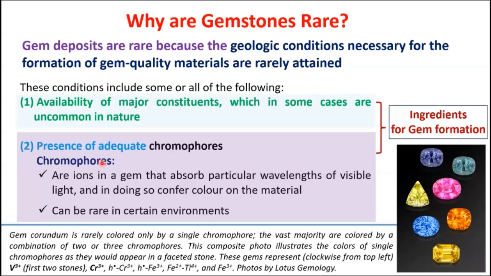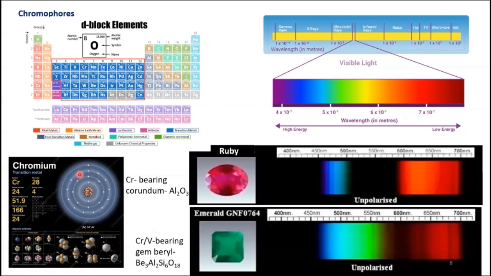That is not the only coloring agent. Chromophores are a type of ions. When you consider the periodic table, most of the chromophores available in gemstones are d block elements, transitional metals. Due to their specific electron configuration, they contain some unfilled positions in the d shell.